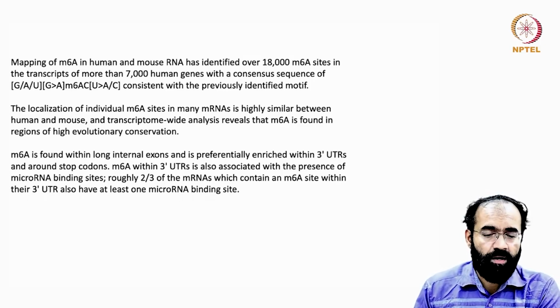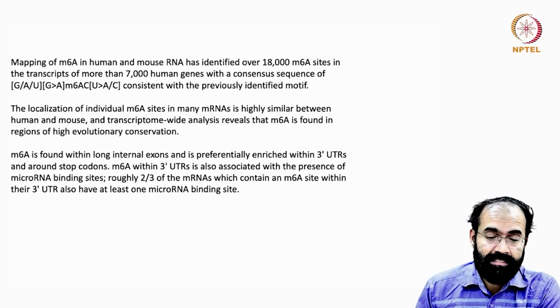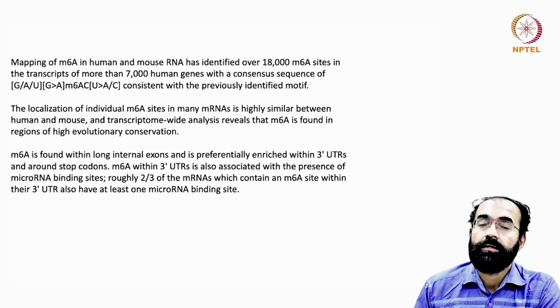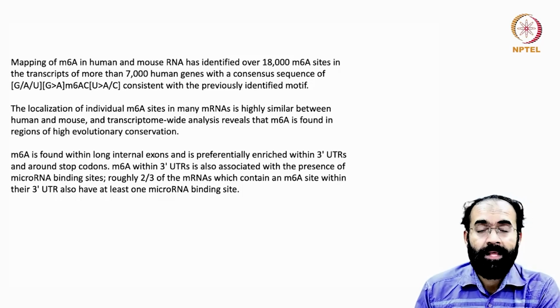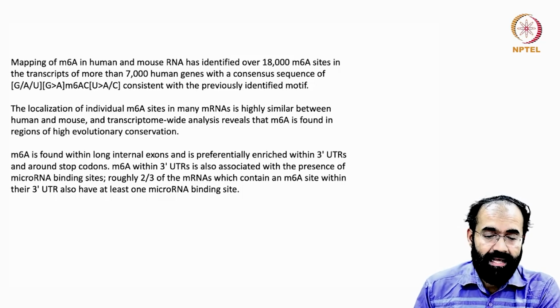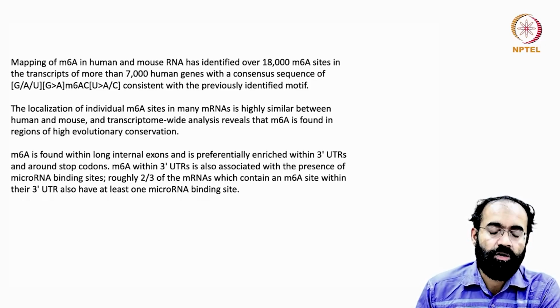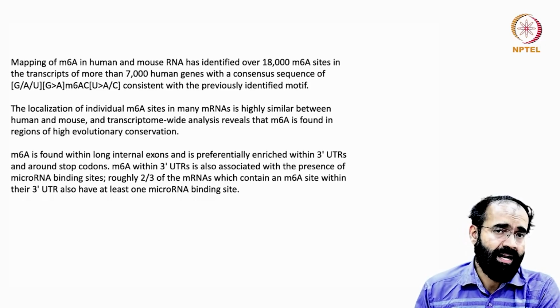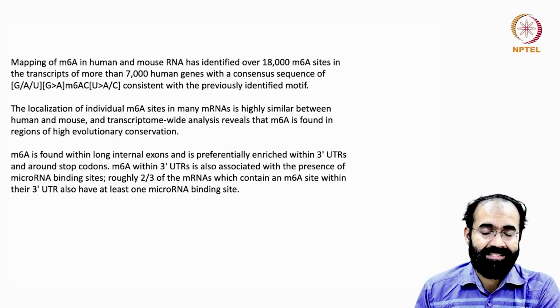M6A is found within long internal exons and is preferentially enriched within the 3' untranslated region, and also around the stop codons. Every RNA has a stop codon, which we already know, and in and around that you are going to have the methylation. And M6A within the 3' UTRs is also associated with the presence of microRNA binding sites. When a microRNA is bound, it marks the mRNA as not capable of translation and blocks the translation.